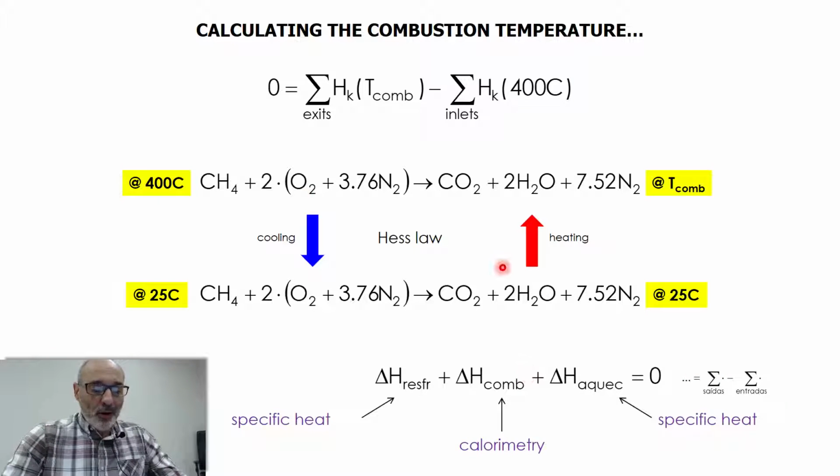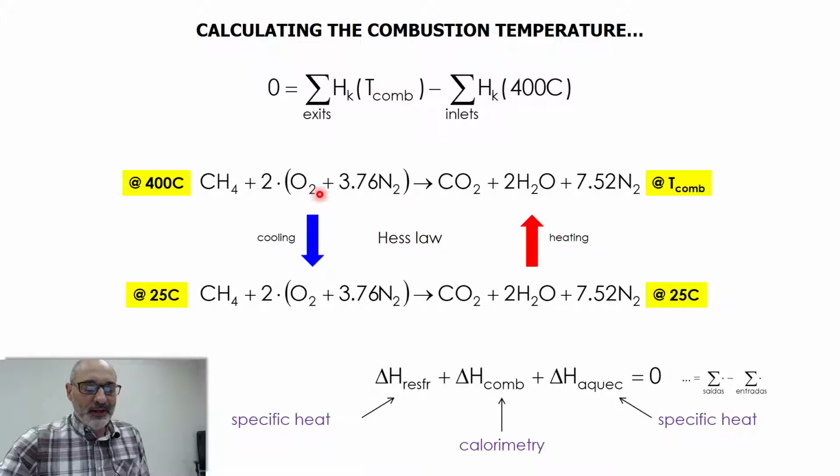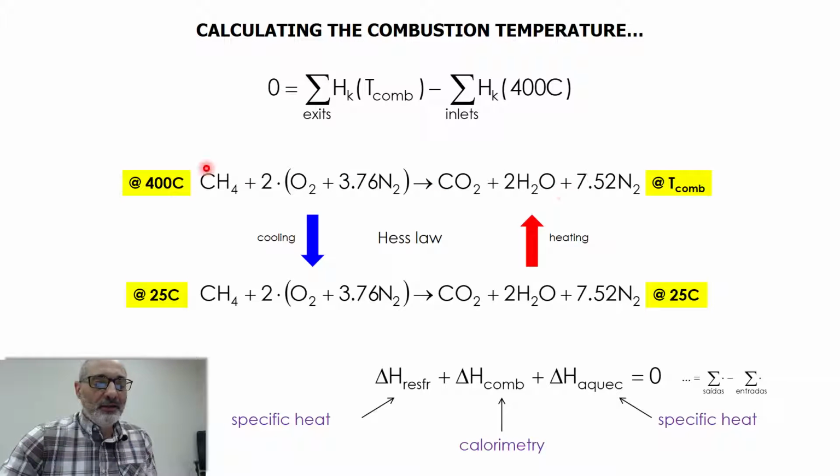So all heat exchanges are associated with this pathway. I don't know if you understand. Instead of taking this direct pathway, we are taking this pathway: we cool, we allow the reaction to take place, then we heat. And what Hess's law states is that the energy balance is the same whether we take the direct path or this indirect path here.